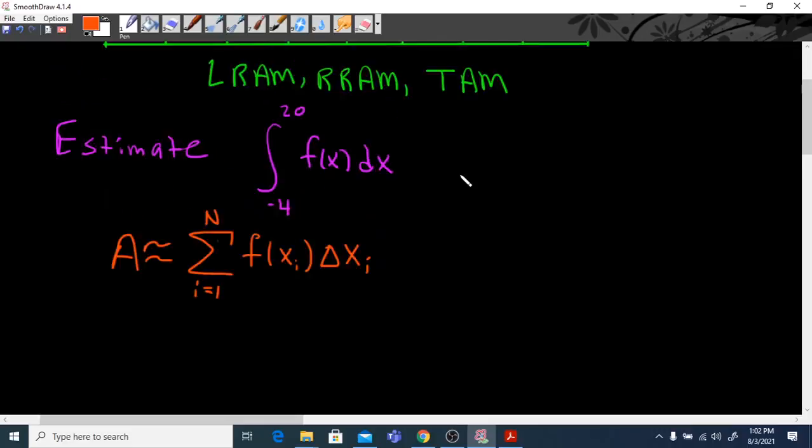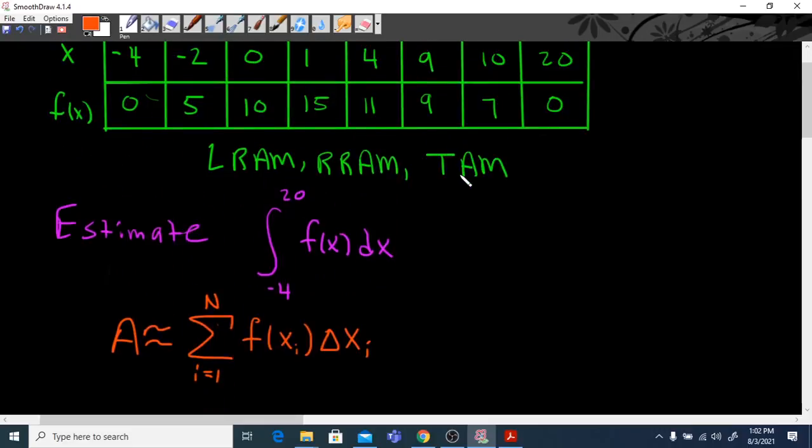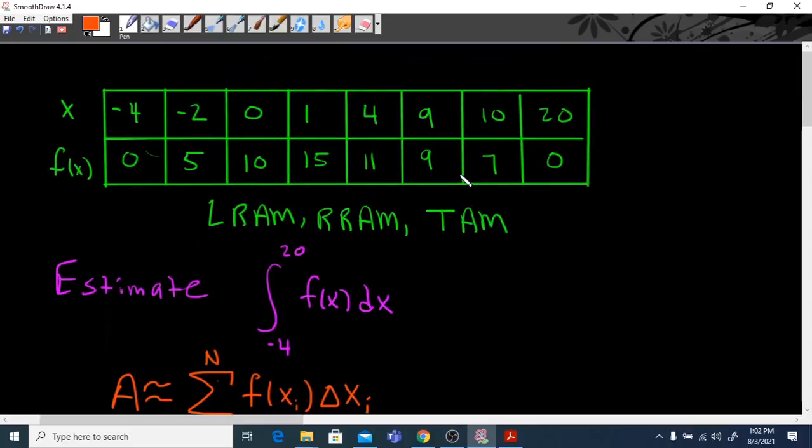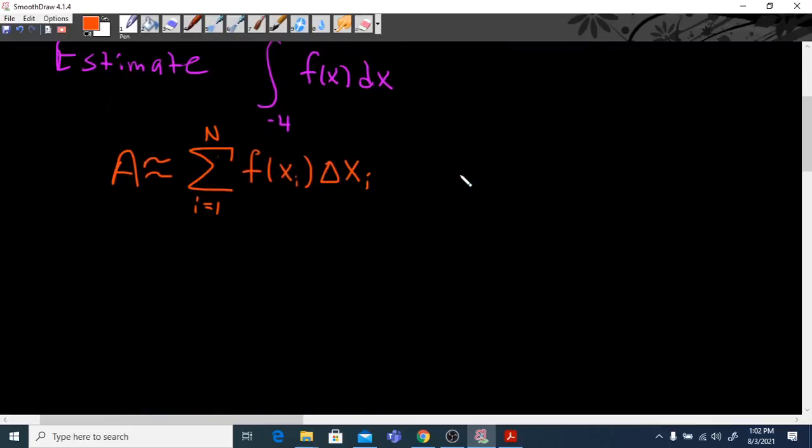The left rectangle starts at the leftmost point. So LRAM, the left rectangle approximation method.